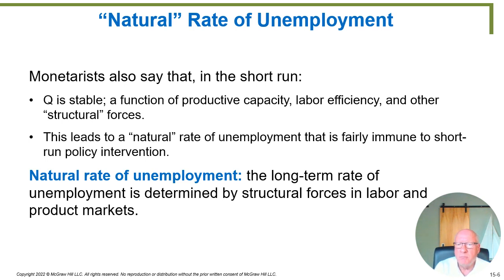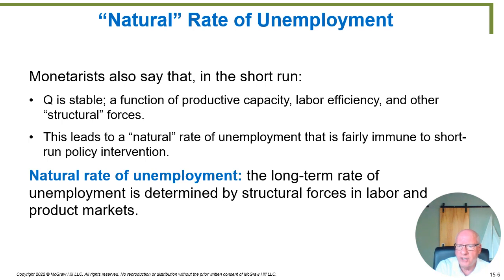And it's fairly immune to short-run policy intervention, meaning you can't change the unemployment rate very easily by simply manipulating the money supply or other policy levers that the Federal Reserve or the rest of the federal government has at its disposal.